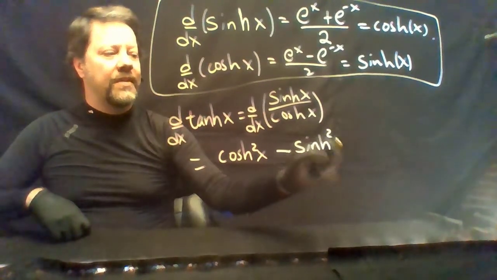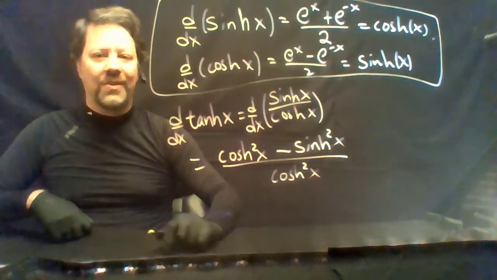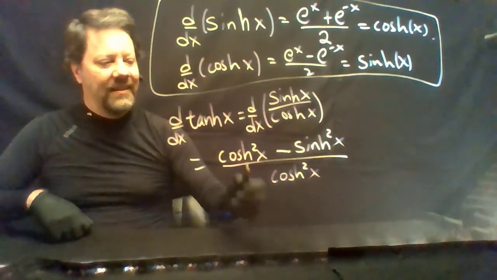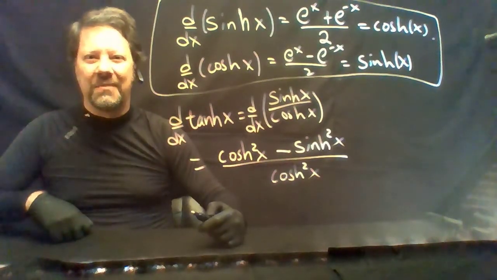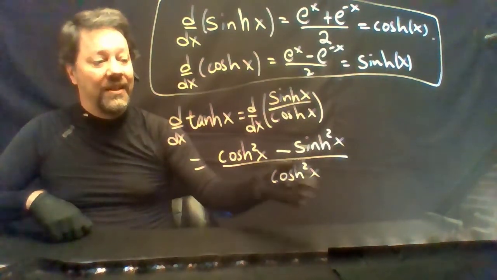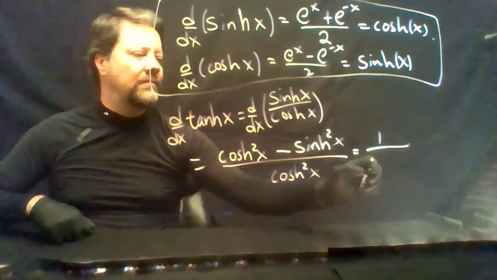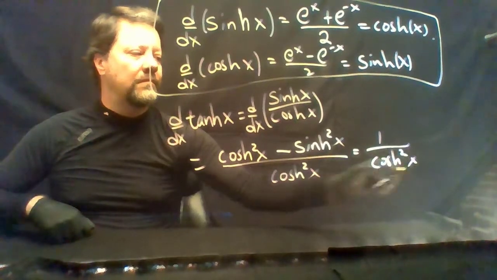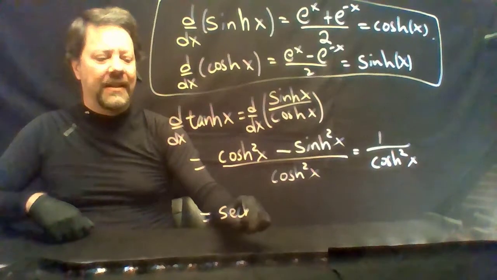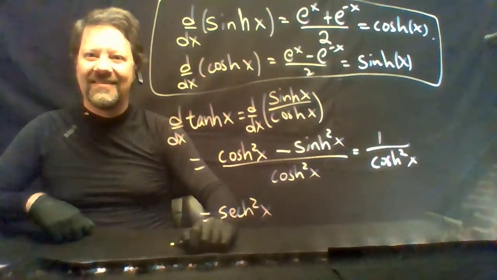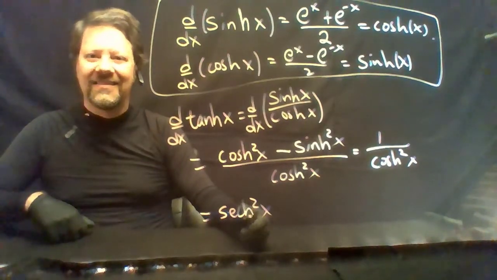So I'll end up with sinh squared all over bottom squared. Now don't be trying to cancel the cosh squares because you may not cancel from terms. But what you can do is recognize that the numerator is 1. So what is 1 over cosh squared? Should that not be the hyperbolic secant squared? So the derivative of tanh is sech squared.